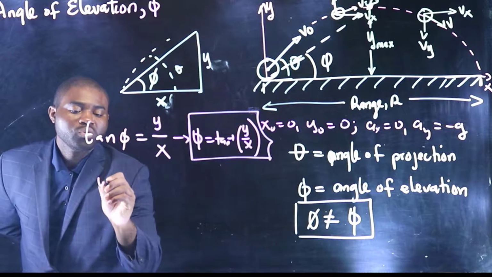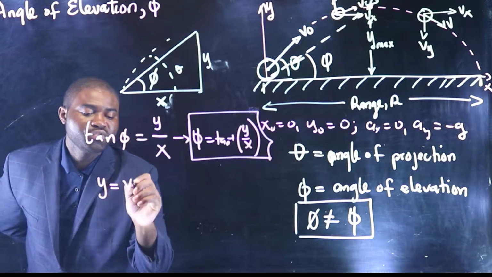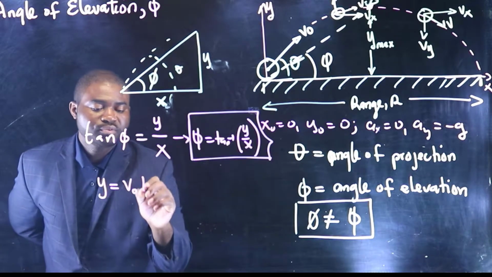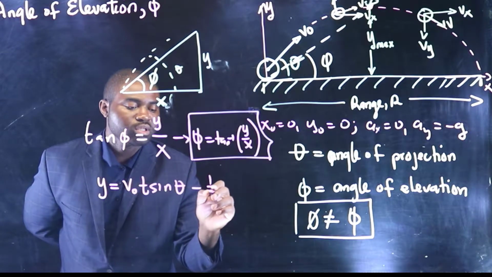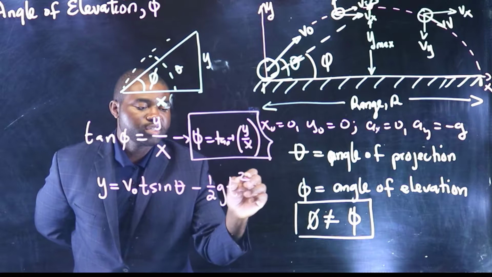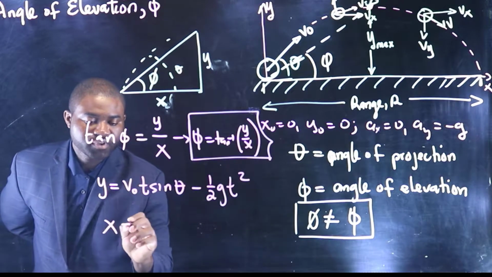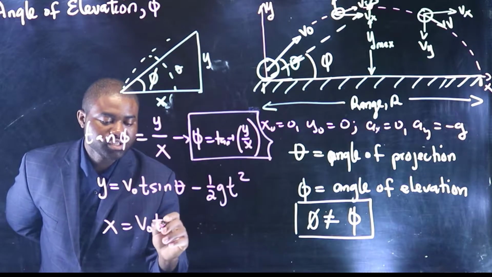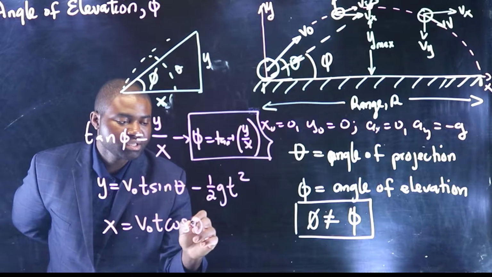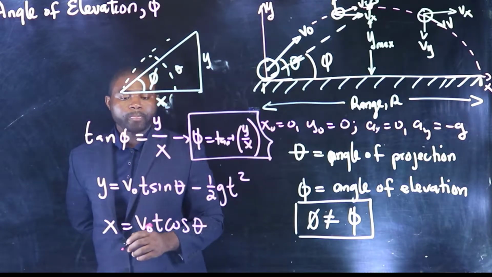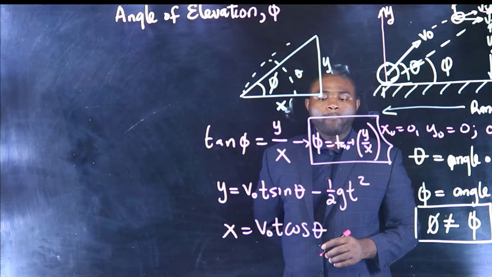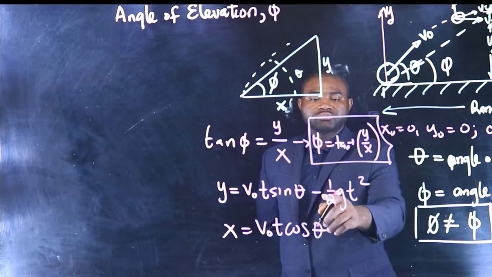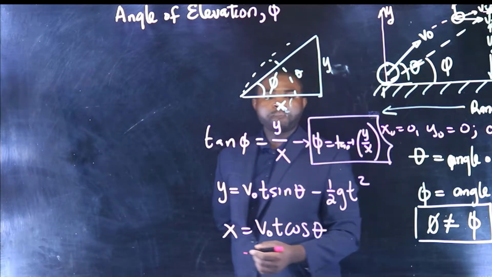Generally, y is equal to v naught t sine theta minus 1/2 gt squared. And x is just v naught t cosine theta. So we can put it on there.